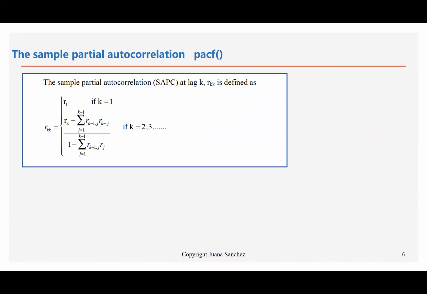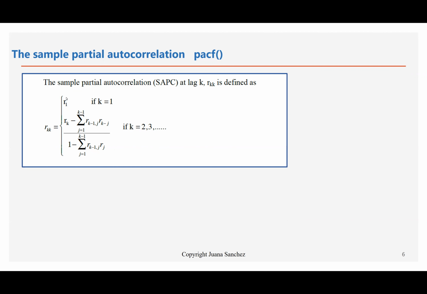So what is the sample partial autocorrelation? The sample partial autocorrelation coefficient at lag k, which we denote as R sub kk to distinguish it from R sub k, the label for the autocorrelation, is defined as follows.